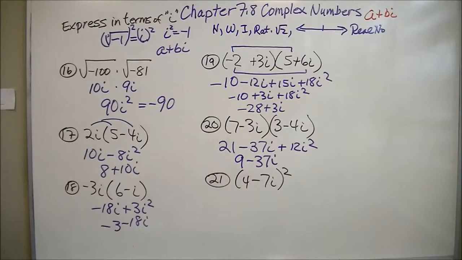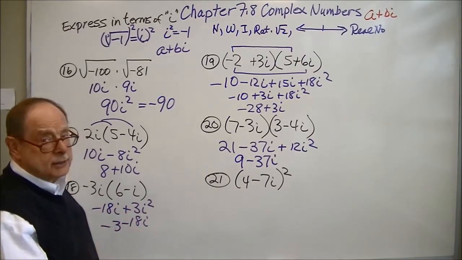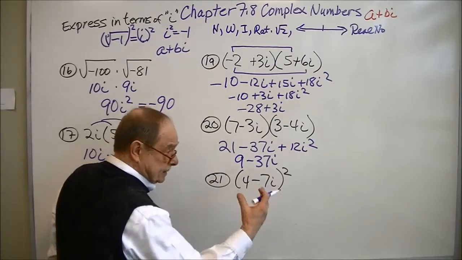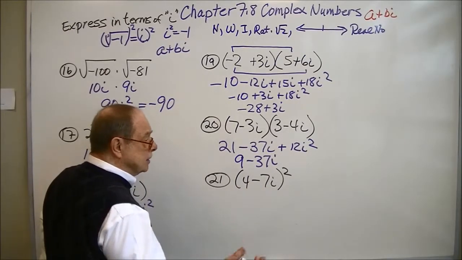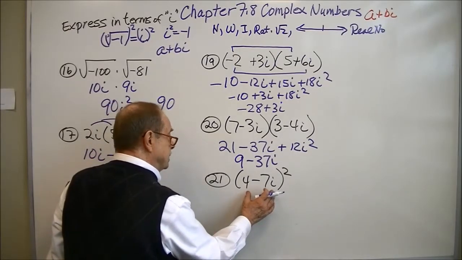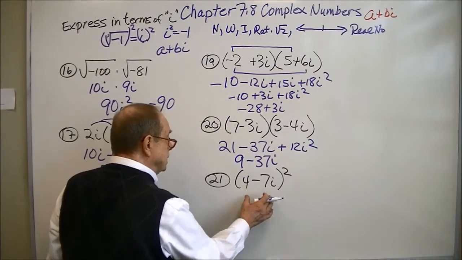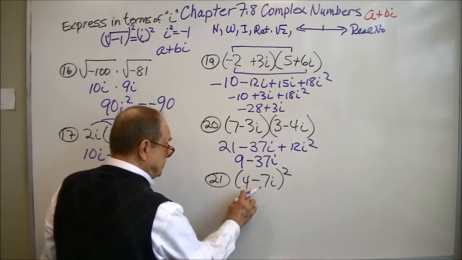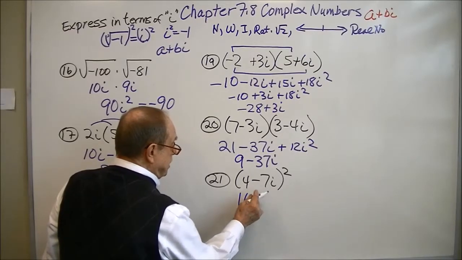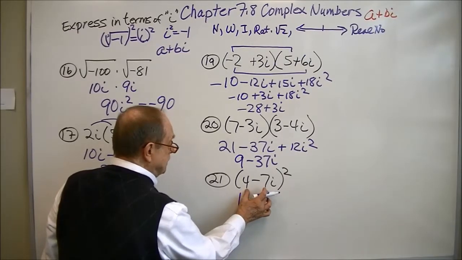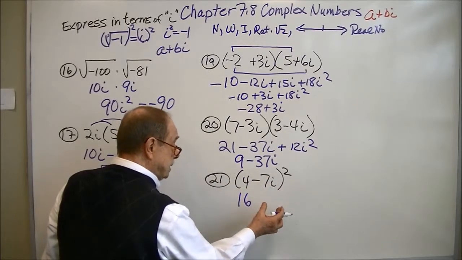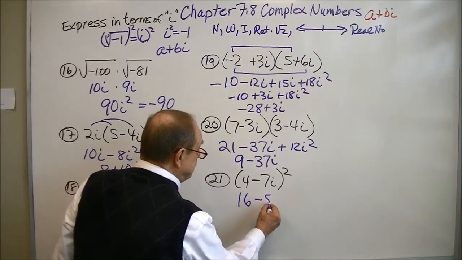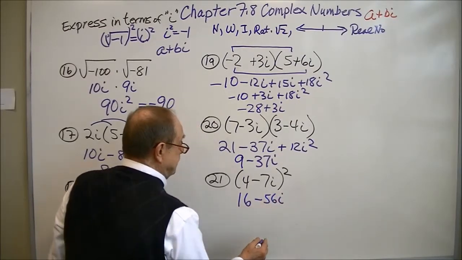Now for 22, and again in our next chapter, chapter 8, you're going to be using this technique, so it's something you need to learn as we do the special product of squaring a binomial. Square the first term. Multiply these two terms together. That gives you a -28. Double it. That's a -56i.